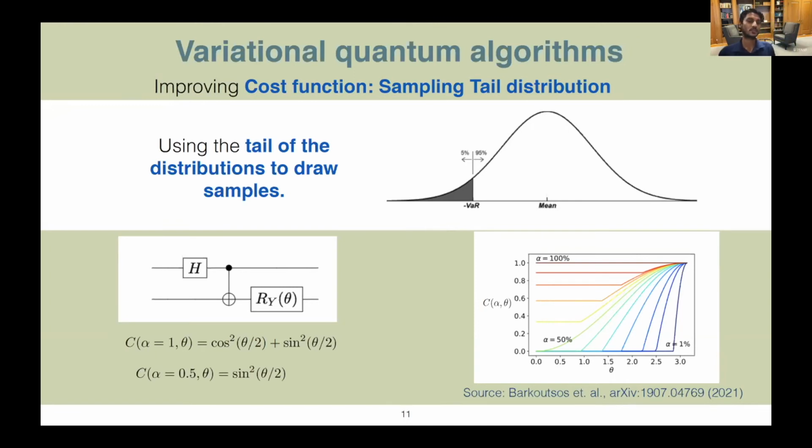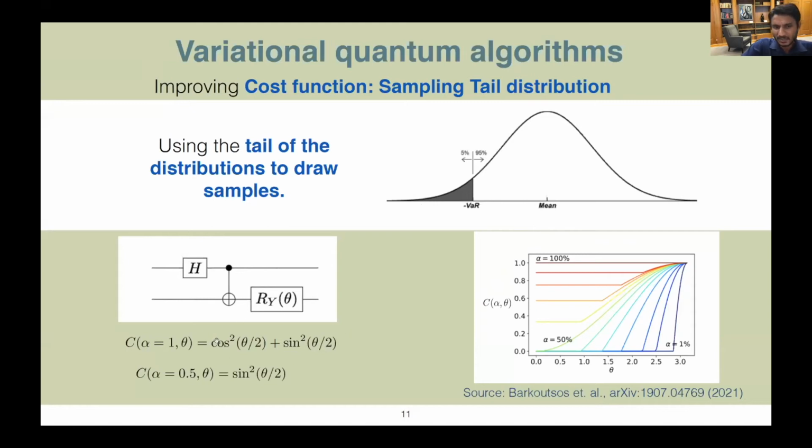And now let me show you how to get an intuition why that might be true. Let's take an example of this quantum circuit right here. Very simple: just 2 qubits, a Hadamard gate, a CNOT, and a Y rotation. For a diagonal Hamiltonian, the cost function corresponding to the whole distribution is cosine square theta plus sine square theta.